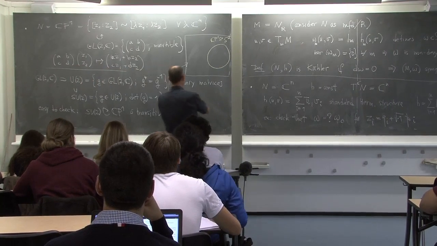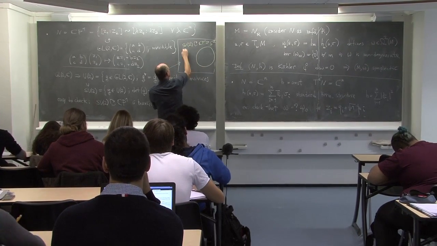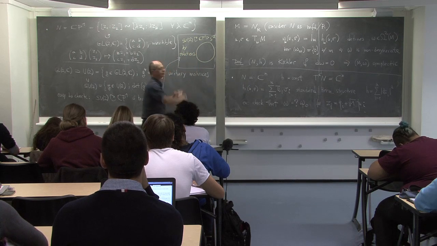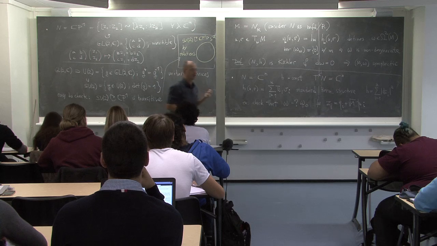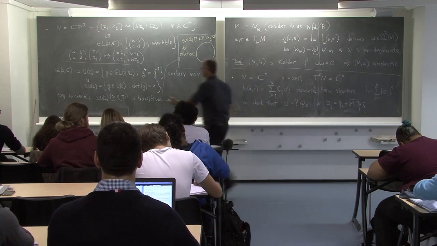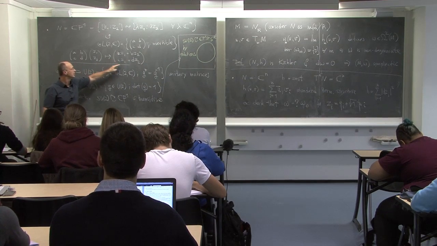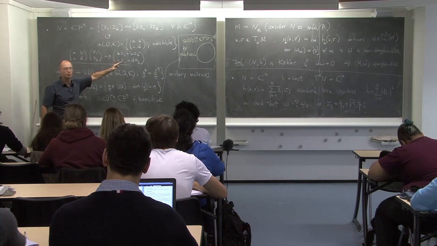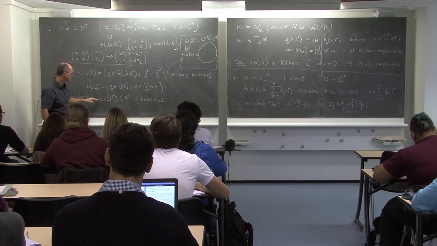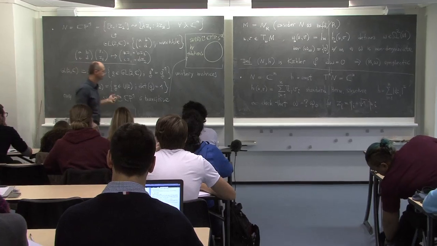It acts by rotations. So SU2 acts by rotations of this two-sphere. Of course, rotations do act transitively on the two-sphere. Of course, in this picture one would need to check that this is indeed the case, that, say, in a moment we go to a chart and we'll see Möbius transformations, and of course one would need to check that SU2 is good enough to reach all the points, including infinity.